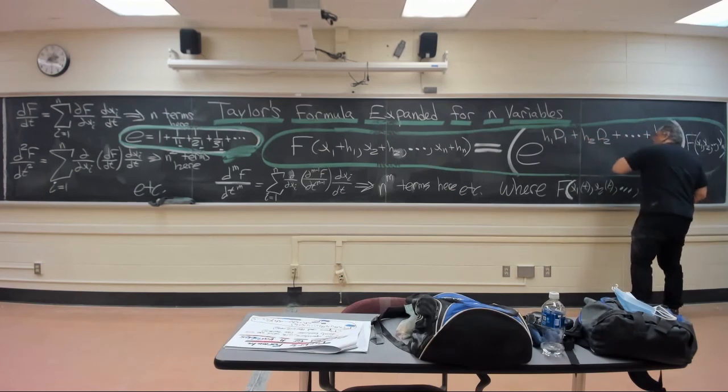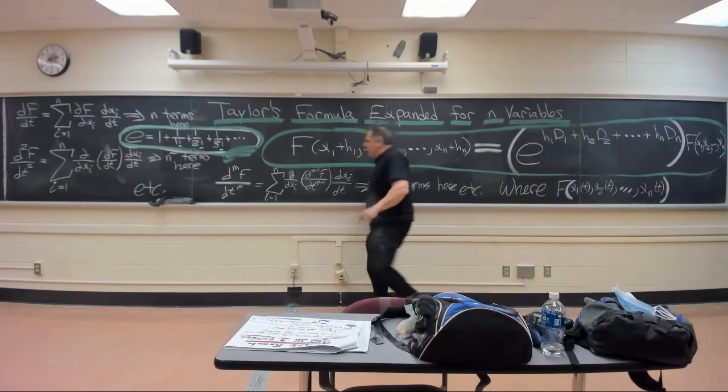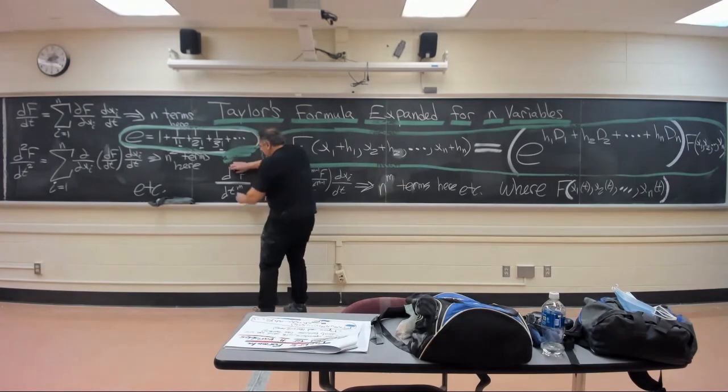Just like here, if I took d/dt to the mth power, I got d to the m over dt to the m. So this operation is going on. It's not necessarily a number. It's the operator itself that is being exponentiated.